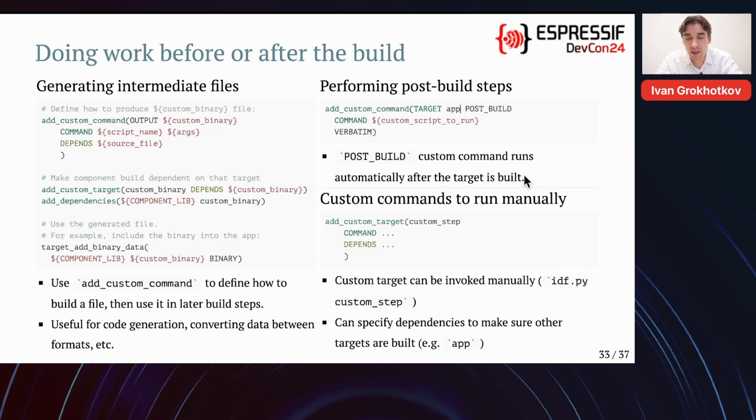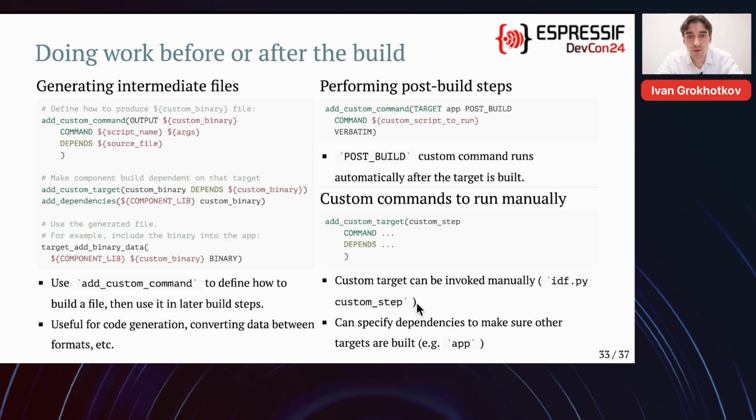And then another type is a custom command that can be run manually. And in this case, we can define those commands using add custom target. This command will not be by default executed when the build process is running, but you can invoke this command manually either as a CMake target or using idf.py. idf.py supports calling CMake targets just like this, and sometimes it can be useful to wrap a certain script.